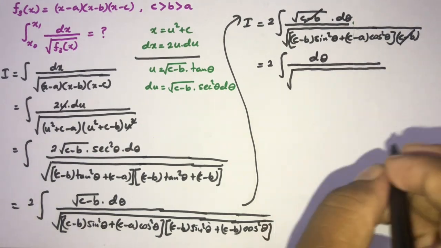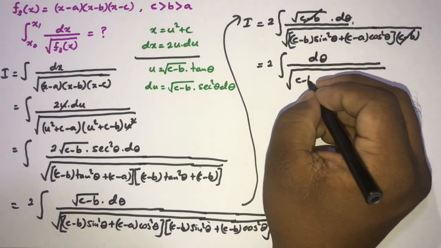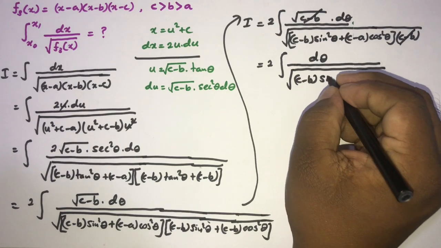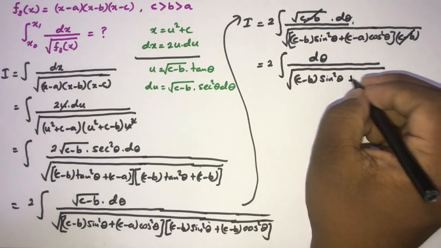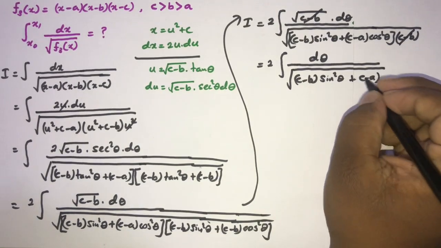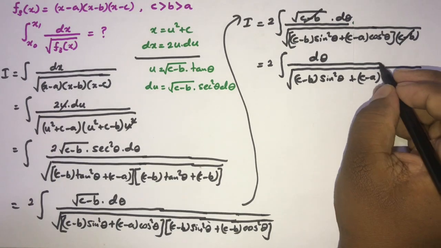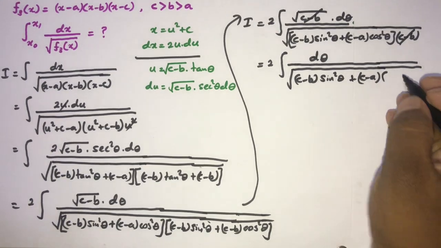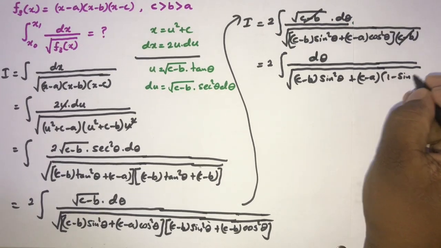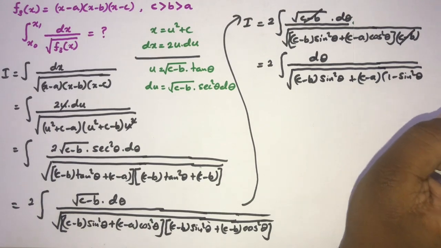now here we have c minus b sine square of theta plus c minus a. Now instead of cosine square of theta we can use 1 minus sine square of theta.